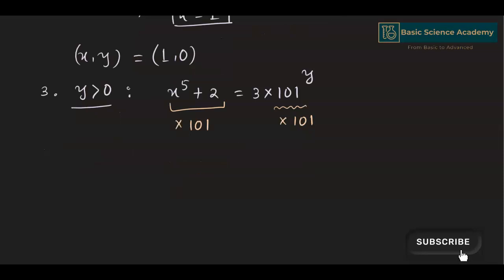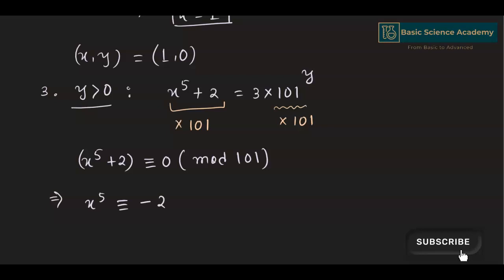Since x to the power of 5 plus 2 is a multiple of 101, when we divide x to the power of 5 plus 2 by 101, it will give a remainder of 0. Hence, x to the power of 5 plus 2 is congruent to 0 mod 101, which we can write as x to the power of 5 is congruent to minus 2 mod 101.